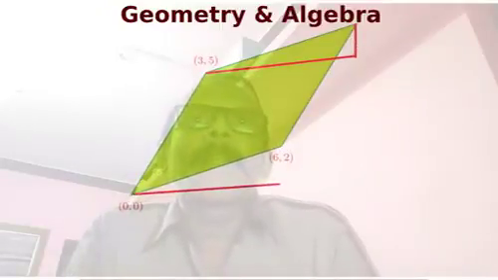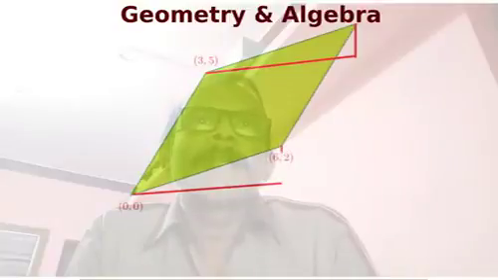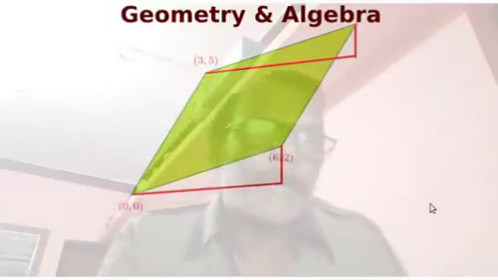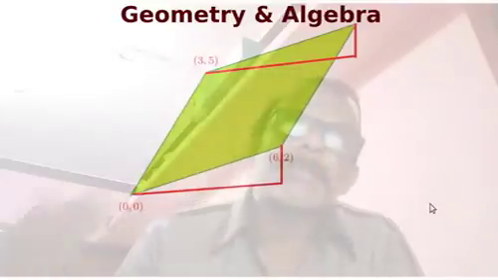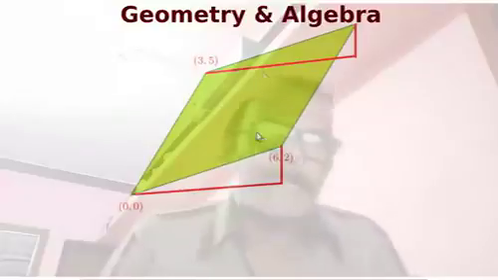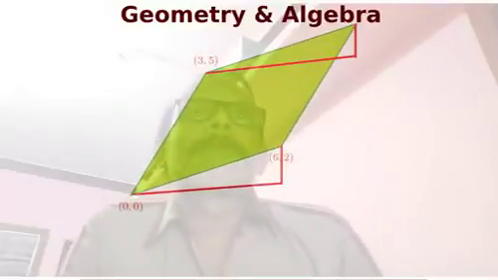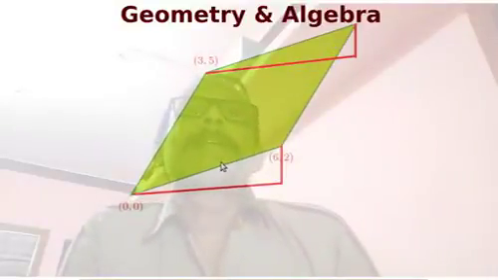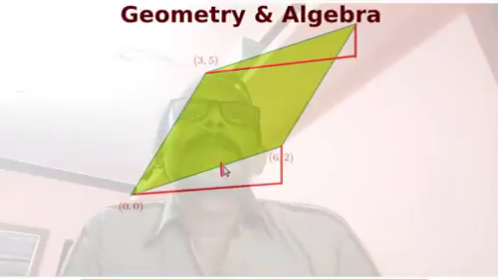Similarly, draw another line parallel to the x-axis here, and another line parallel to the y-axis. So here also we got another triangle. So there is an upper right triangle and a lower right triangle. What is the property of these two triangles? It is very easy to say that these two lines are equal.